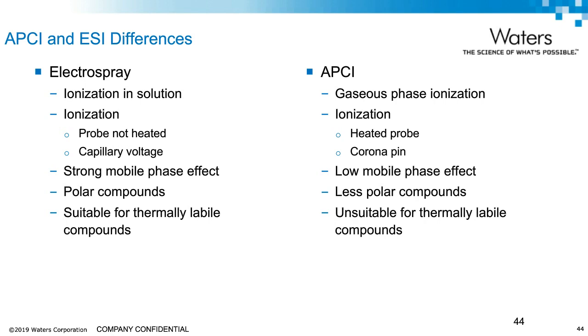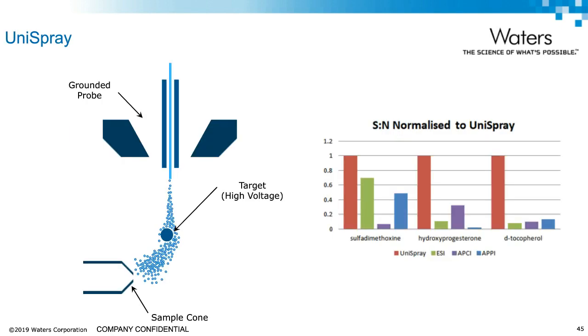A technique with similar properties to both ESI and APCI is Unispray, a novel ionization technique developed by Waters. A liquid stream is converted into a nebulized spray and directed at a stainless steel target held at high voltage. Interaction with the target creates a fine spray of charged droplets.